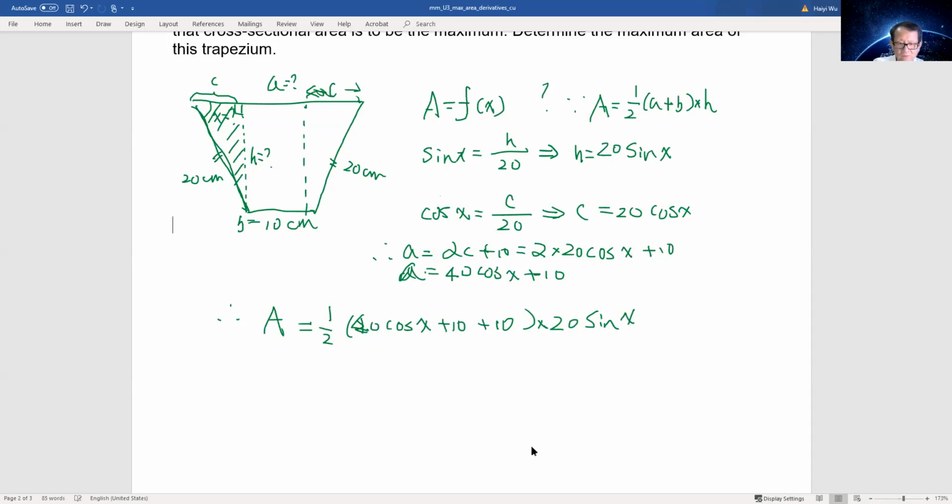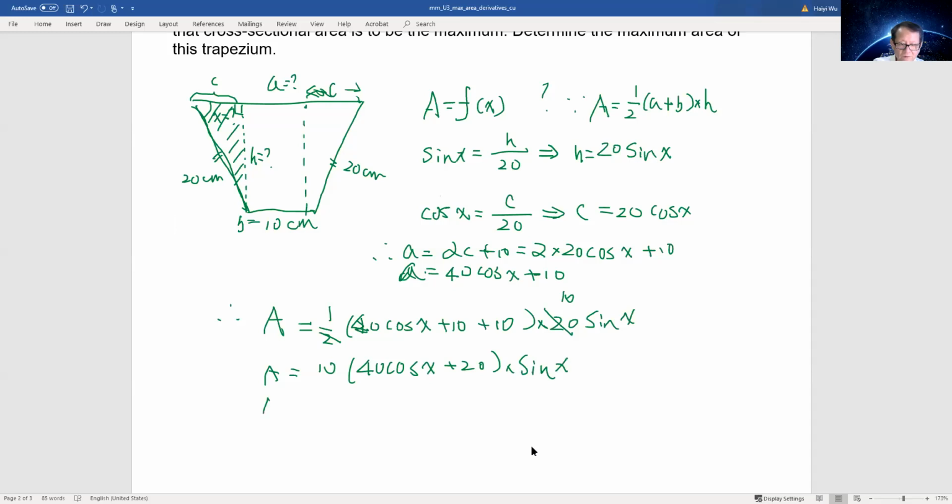So now we have established the function between A and x. Let's cancel to the simplest form. 2 cancels with 20, we get 10. So we will have 10 times (40 cos x plus 20) times sine x.